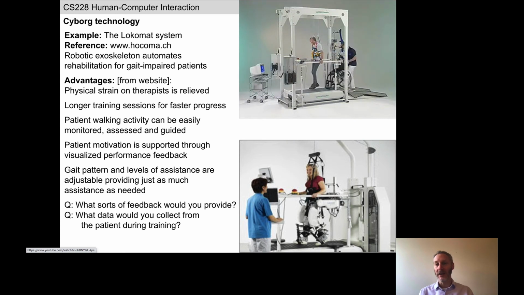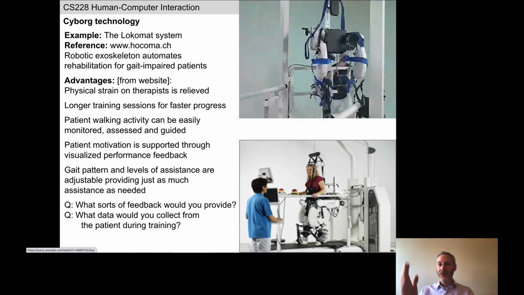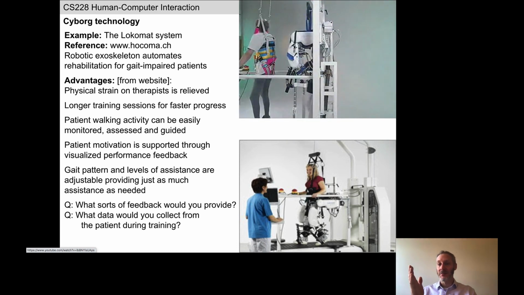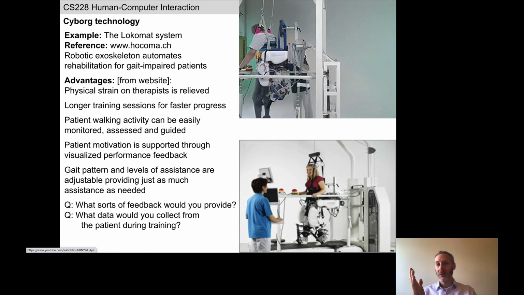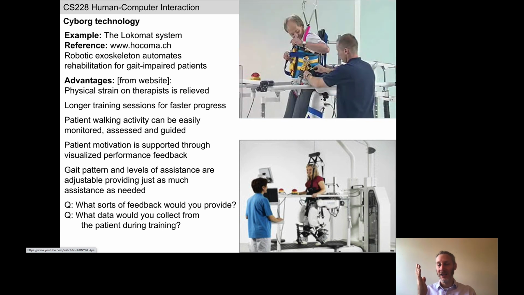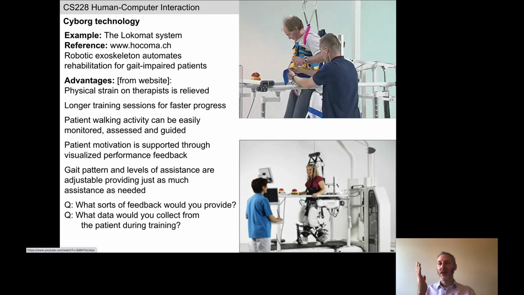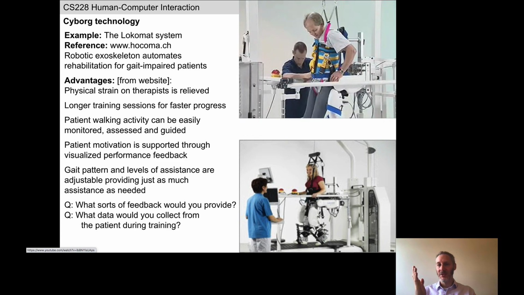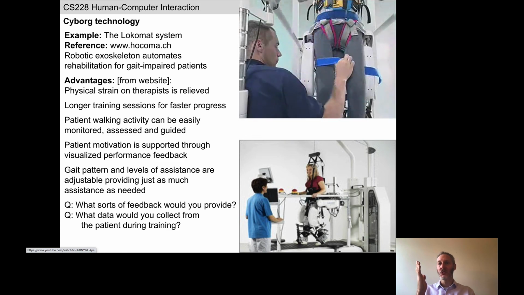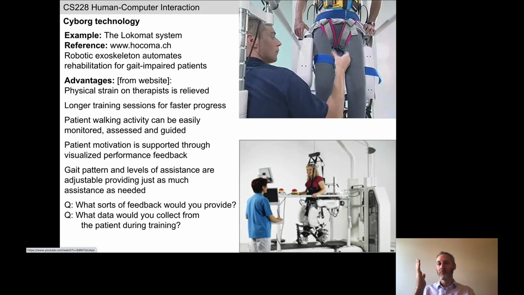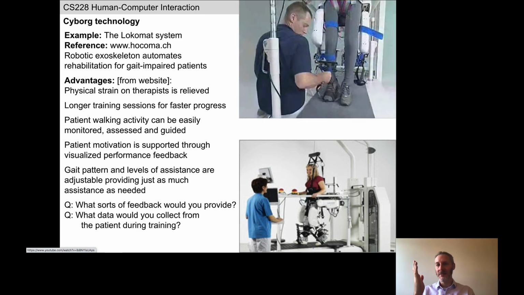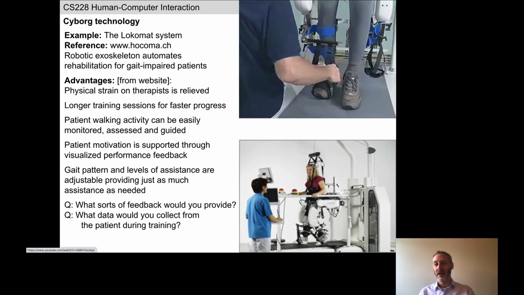So the Locomot is going to walk the human patient, which generates the relevant sensory stimulation in the lower part of the body, which is collected by the healing spinal cord, and provides the right sensory stimulation for the spinal cord to gradually start to send motor commands to the legs again to try and generate walking.